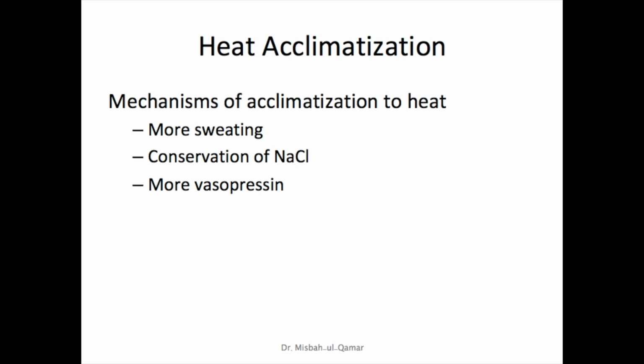Another change to acclimatize to hot conditions is excessive release of vasopressin. Because of this, renal blood flow is decreased, and ultimately the urinary volume is also decreased to conserve water.